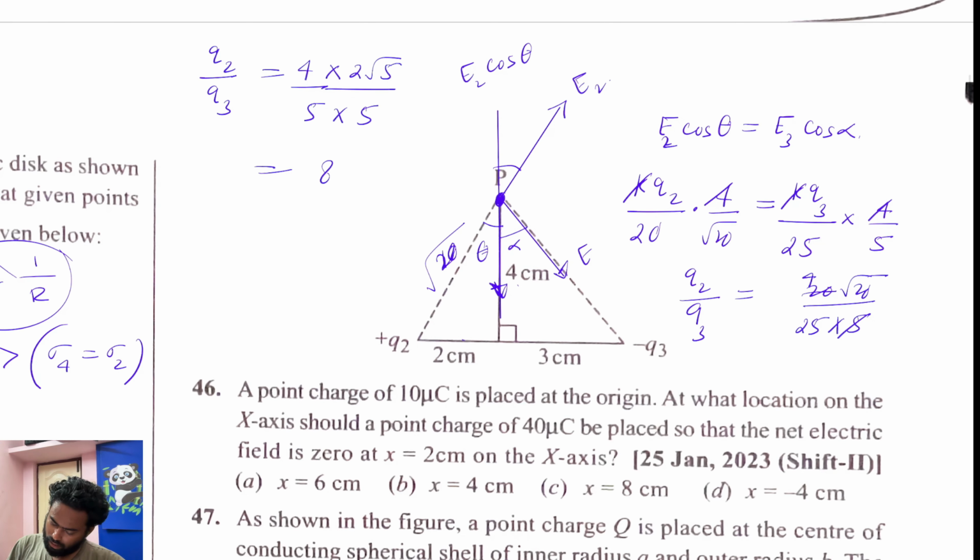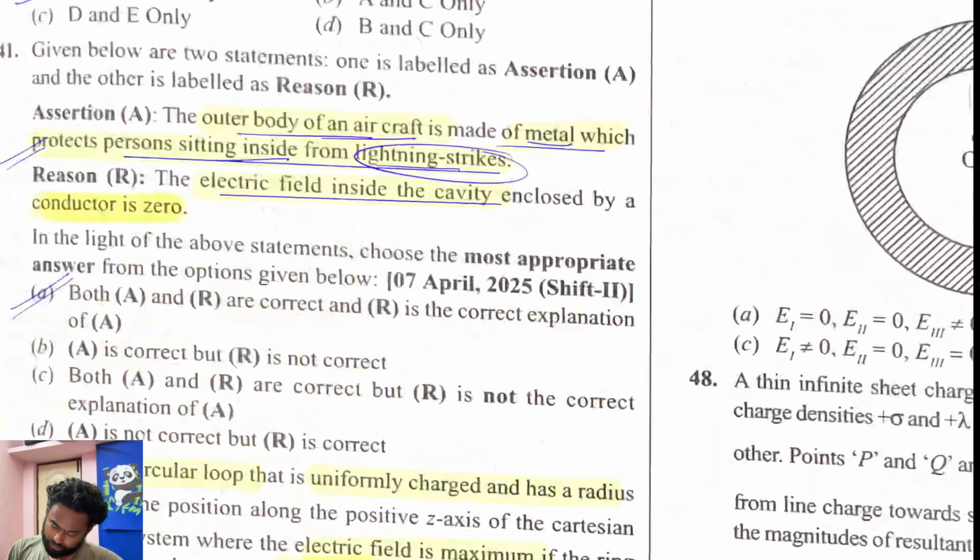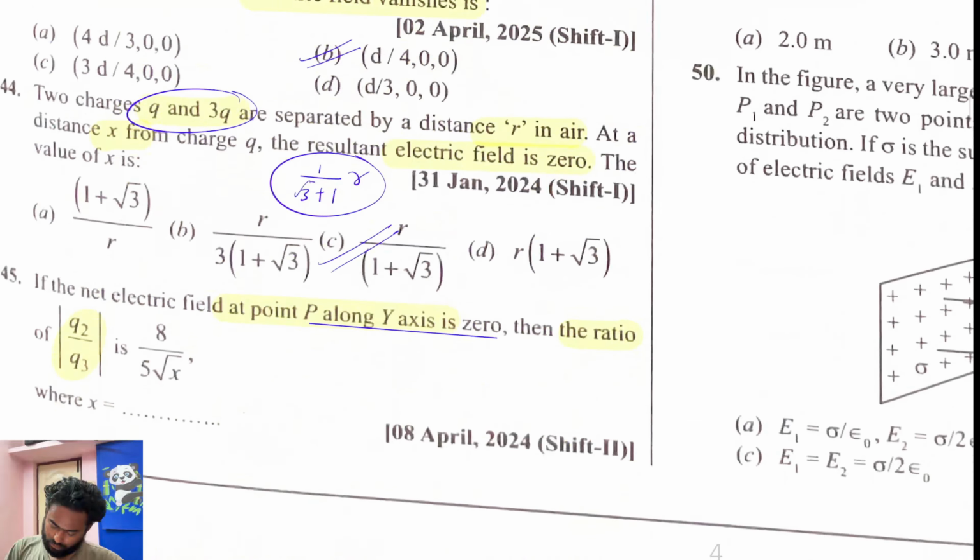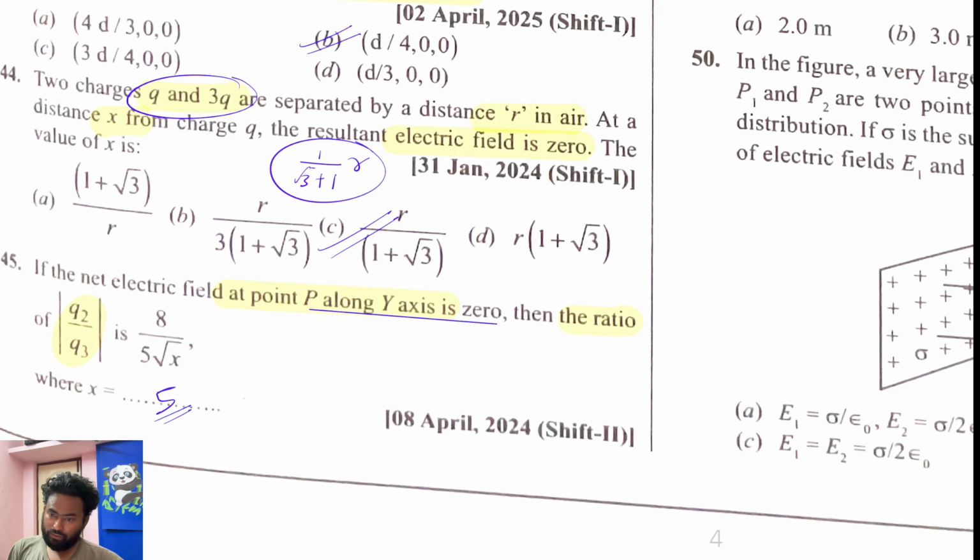So 8 upon 5 root 5. So what is the x value? 5. The x value will be 5.